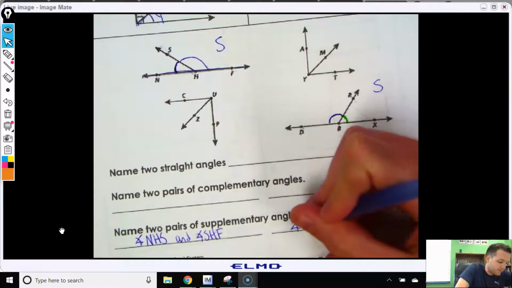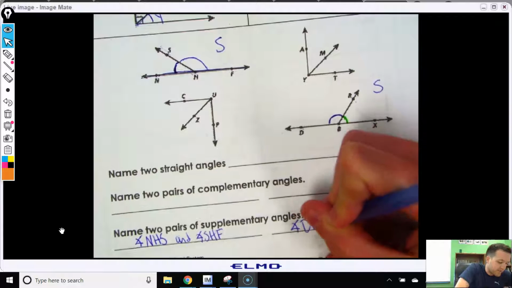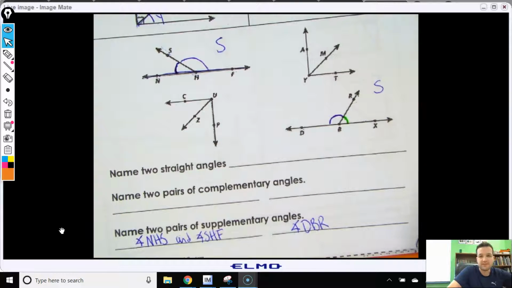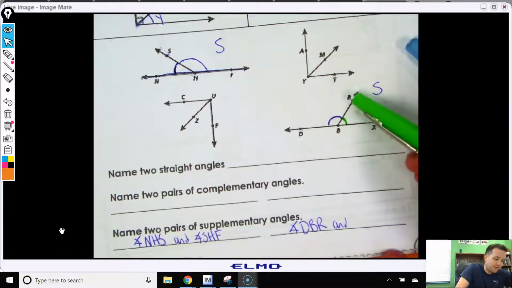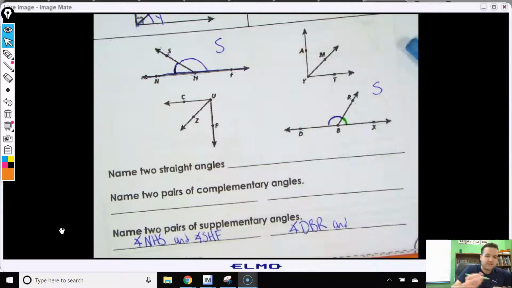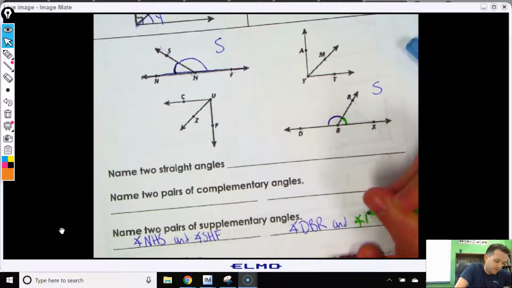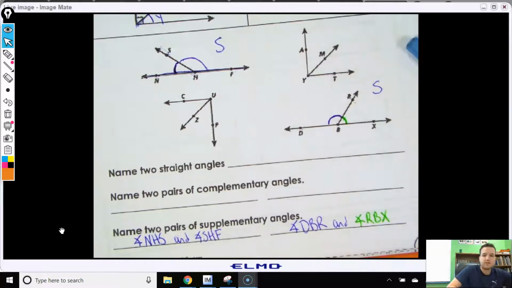Gosh, those are so blurry. I apologize. Angle DBR and angle, I notice it's RBX. Those are supplementary angles as well.